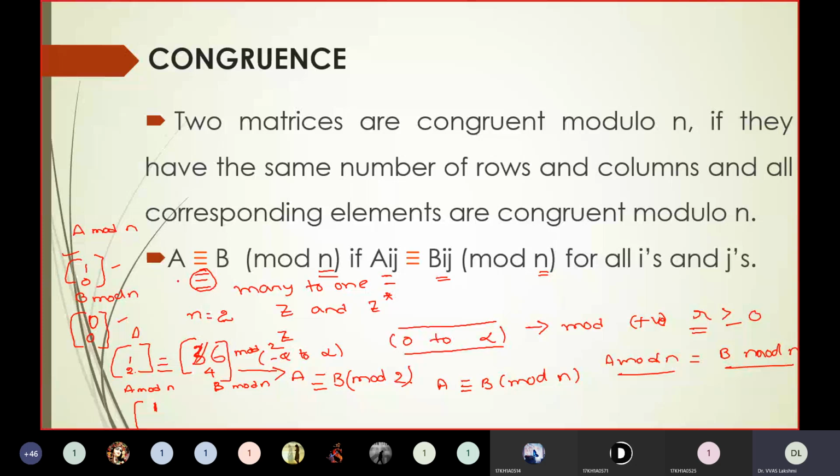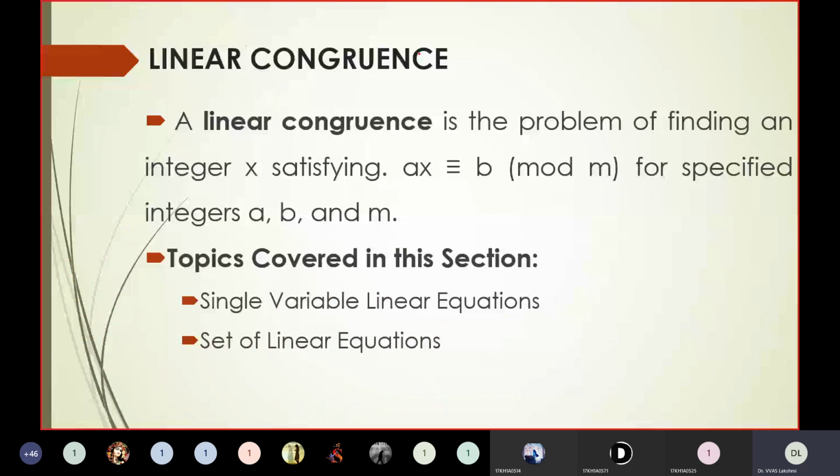So all the topics in matrices are completed, and the last one is linear congruence. Here linear congruence is the modular version of LDE equations.